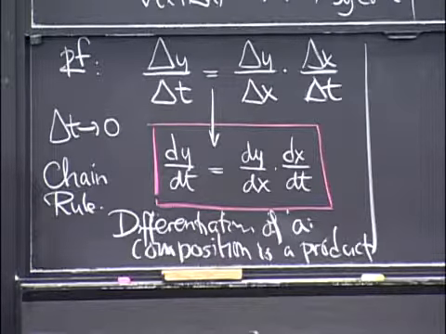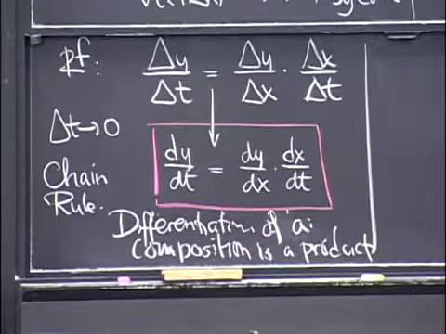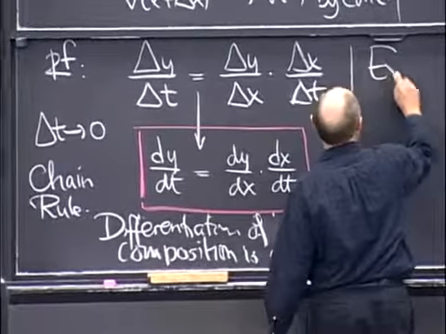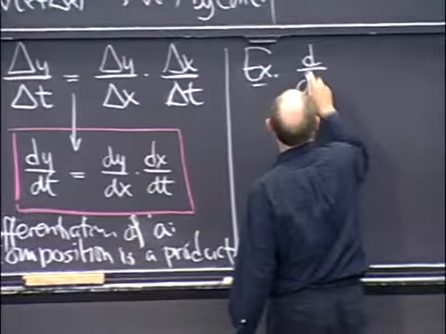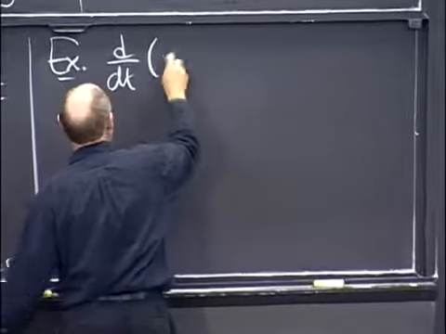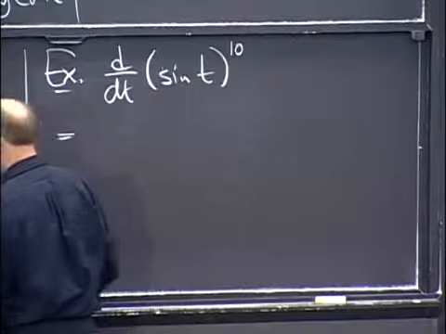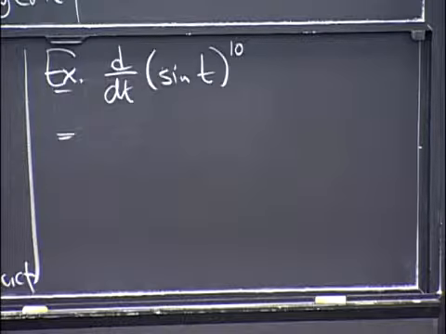And let's just do an example. See how that comes out. So let's differentiate sine of t raised to the 10th power. Okay, there's an inside function and an outside function. The inside function is x as a function of t.